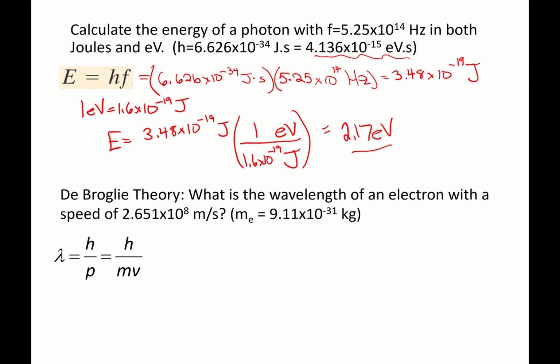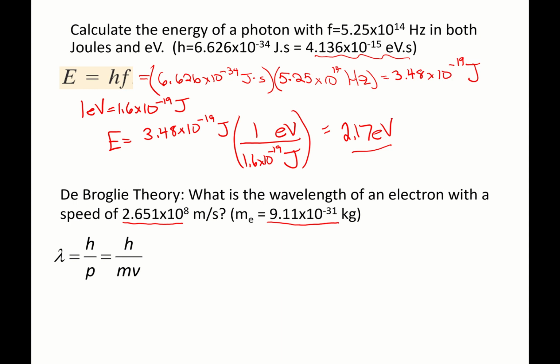Okay, calculation using de Broglie's equation. So what's the wavelength of an electron that has a speed of 2.651 times 10 to the 8 meters per second, so pretty close to the speed of light, and we know the mass of an electron. So we would just put the numbers in there.